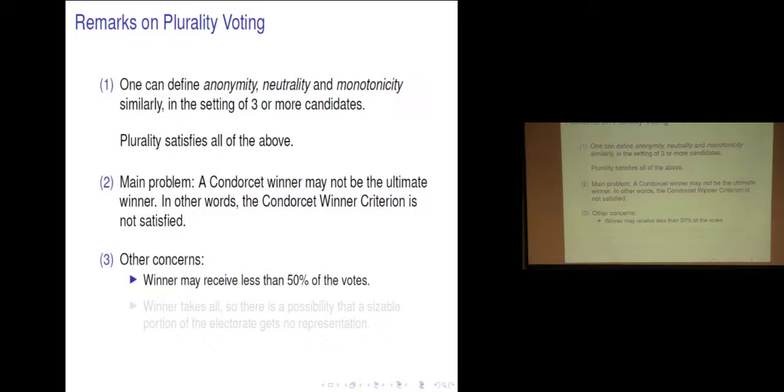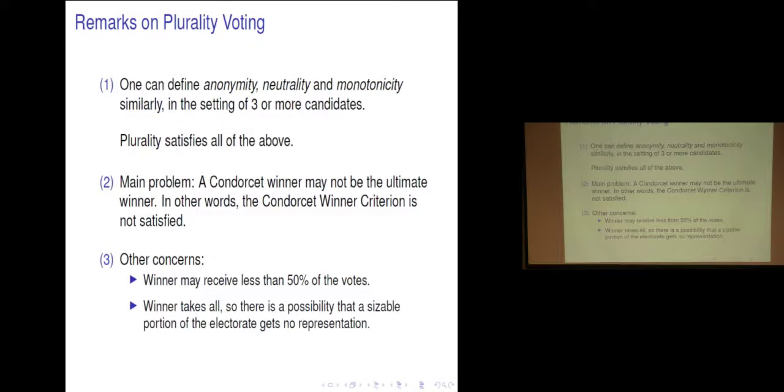So anyway, this is a concern, right? Now there are some other concerns. The winner may receive less than 50% of the vote, because it's possible that the vote somehow splits among several persons. So this guy just barely wins. I mean, he barely gets more, maybe just one vote more than other people, right? So he is still declared a winner, but he didn't receive half of the vote. That's possible.